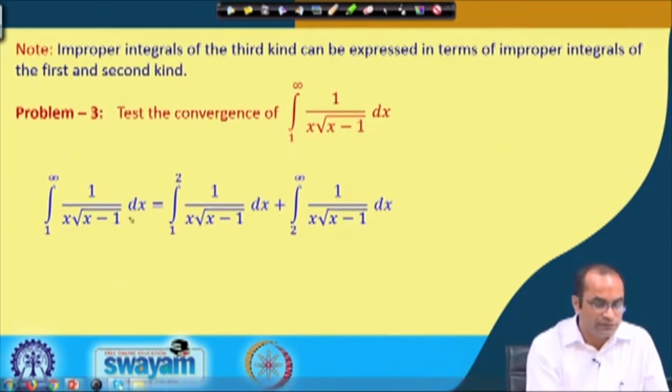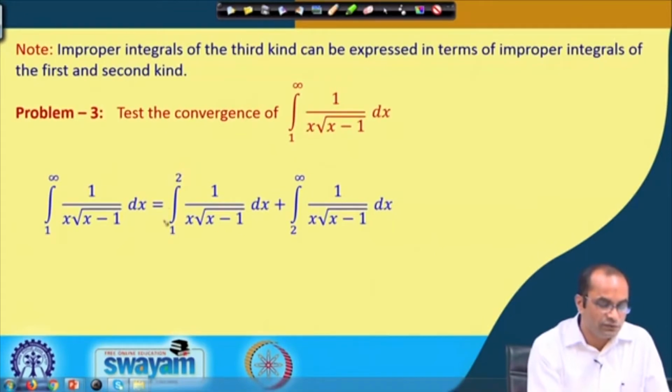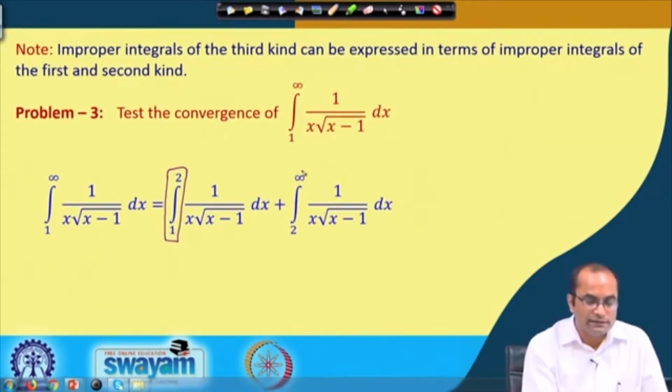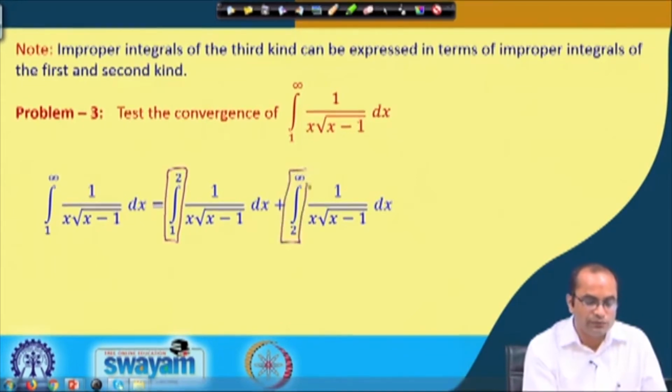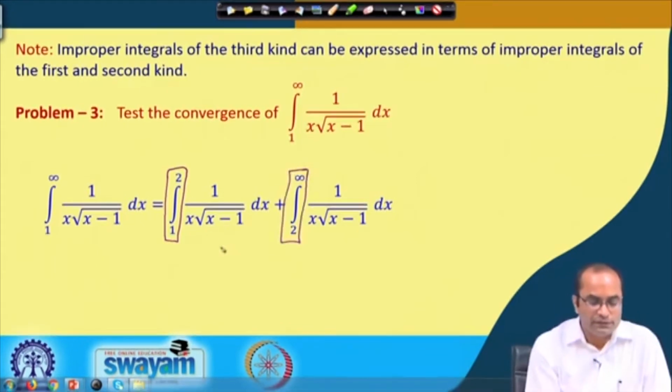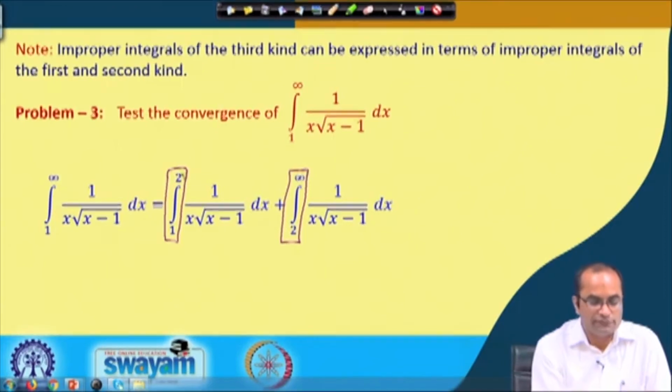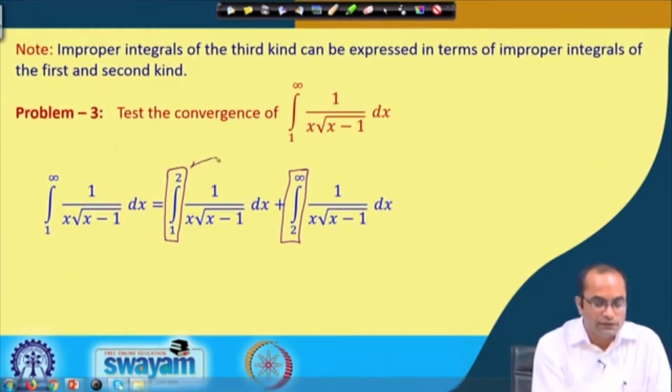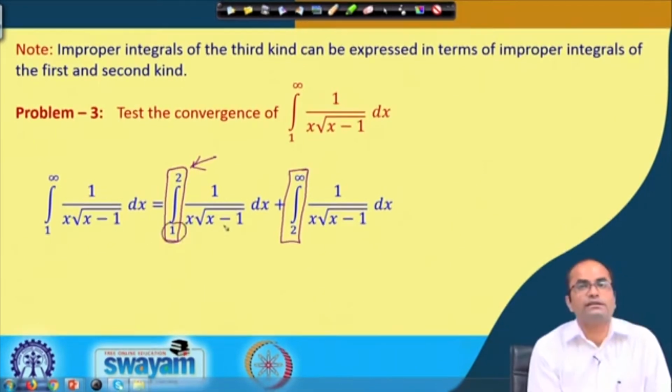In the first one we have taken the limit from 1 to 2, and in the second we have taken from 2 to infinity. In the first integral we have no infinity, but the integrand is getting unbounded when x is approaching 1.